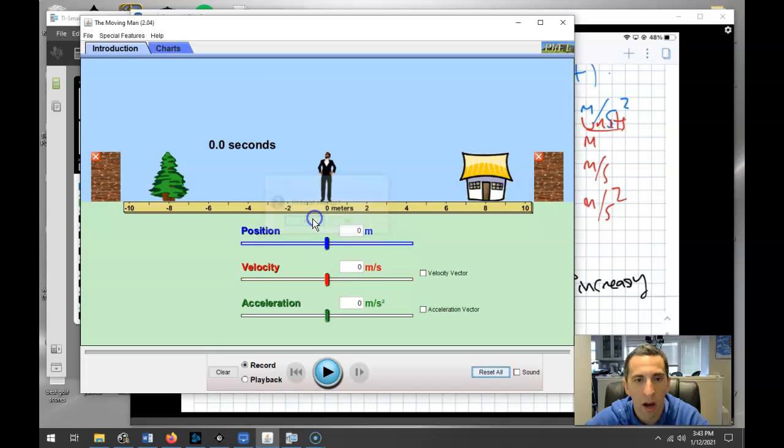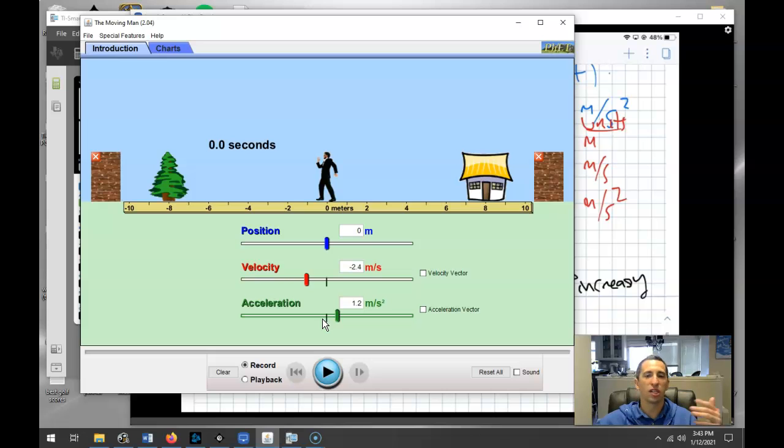Now, you could also have a negative velocity but a positive acceleration. What that would mean is that you had a negative velocity, so you were moving in the negative direction, but you had a positive acceleration. So you were moving in that direction, but then it became more positive.